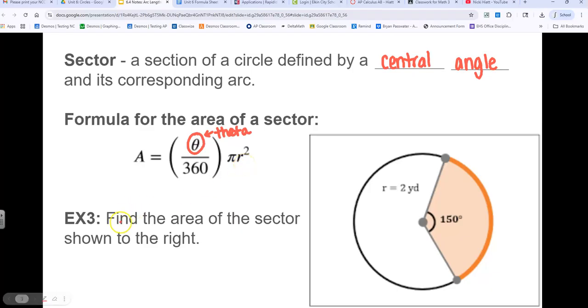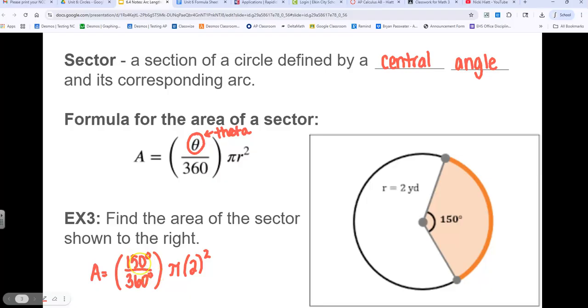So, if I want to find the area of the sector shown to the right here, then all I have to do for that area is I will do 150 degrees divided by 360 degrees, and multiply that by pi times the radius, which in this case is 2 squared. Right? So this is what fraction of the circle you're looking at.